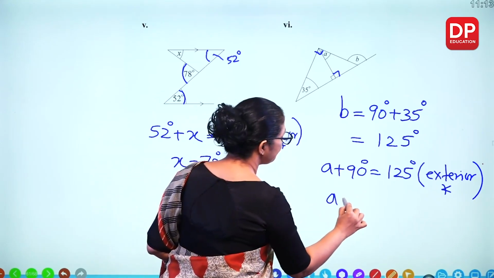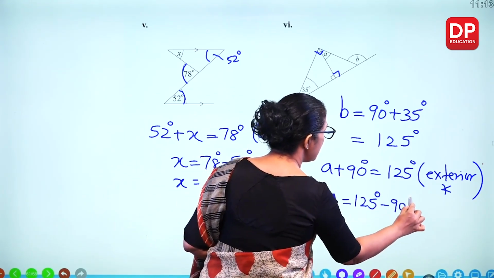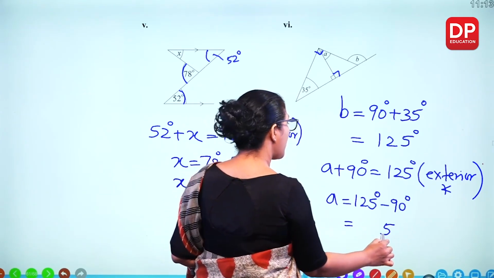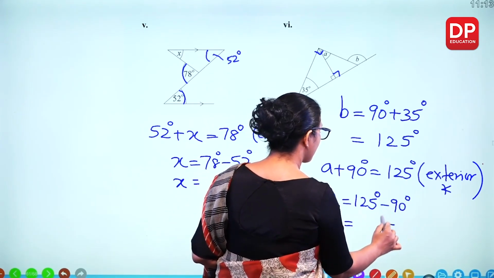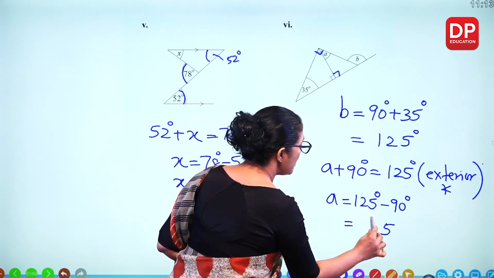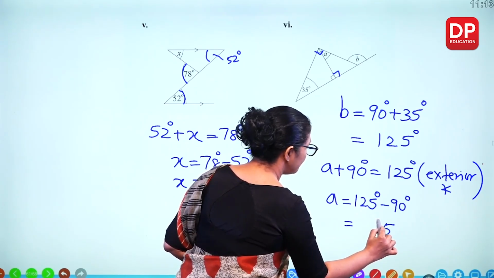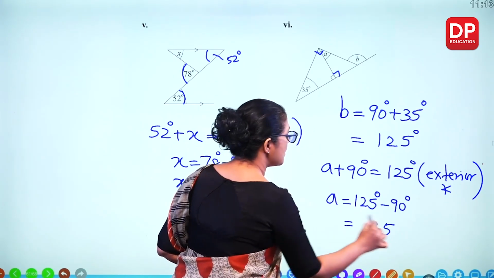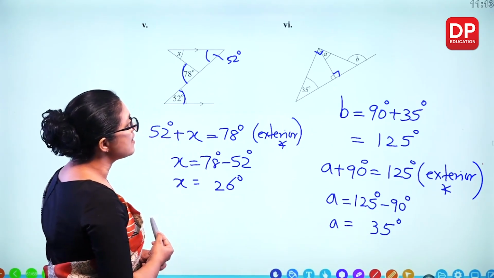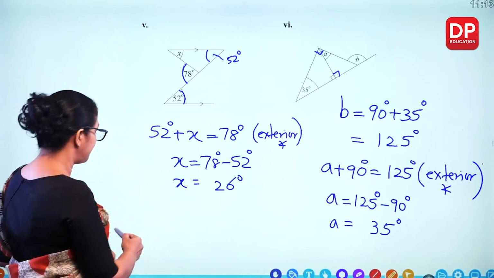So what's A? 125 minus 90, you get 35. So A equals 35 degrees and B equals 125 degrees.